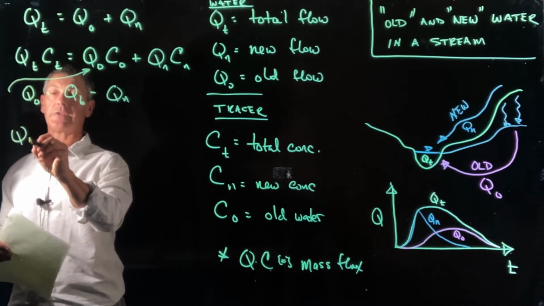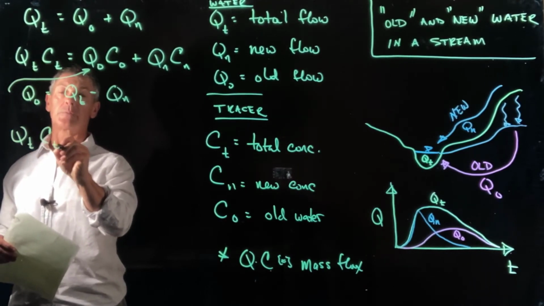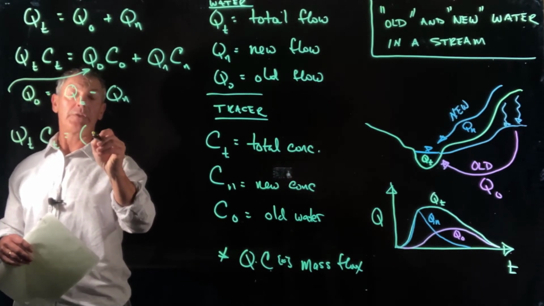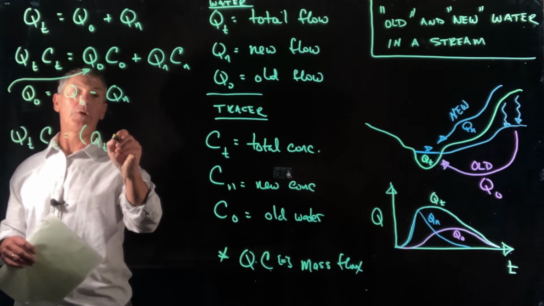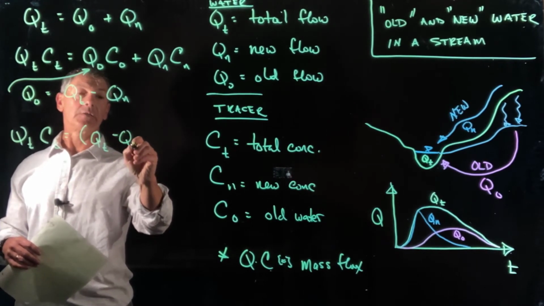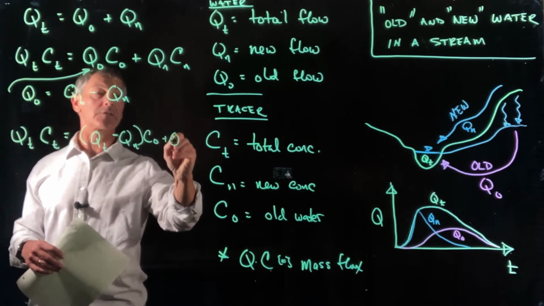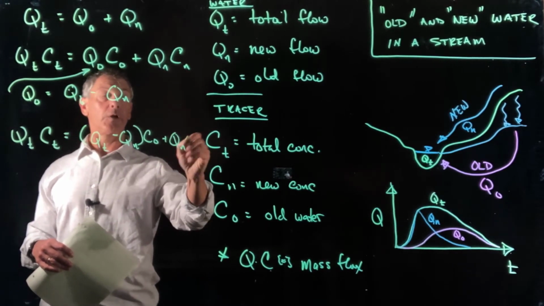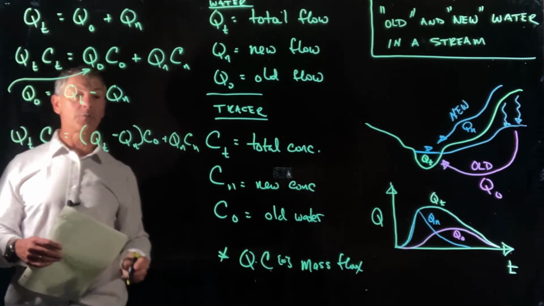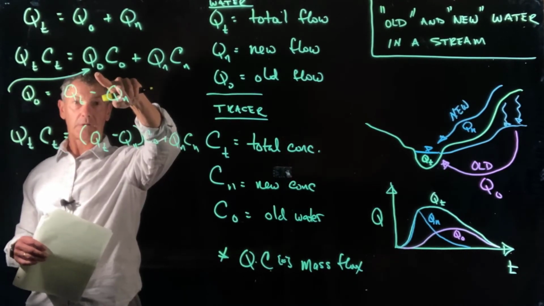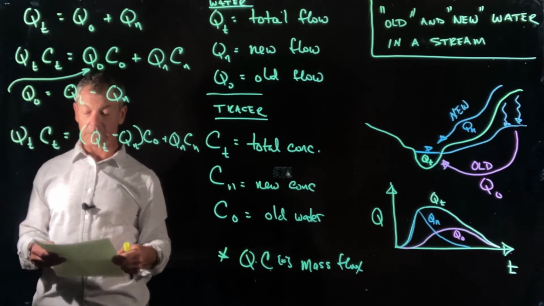So we have the total flow times the concentration, and now we have the total flow minus the new flow times the old concentration, plus the new flow times the new concentration. Notice that we've gotten rid of one of our flow components, which is kind of nice.